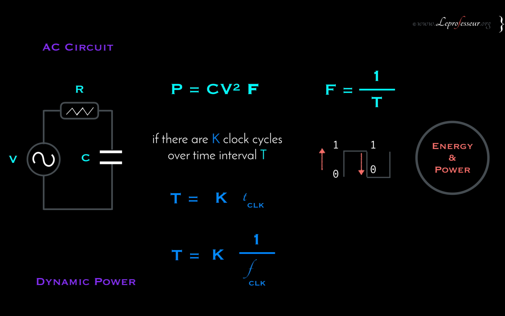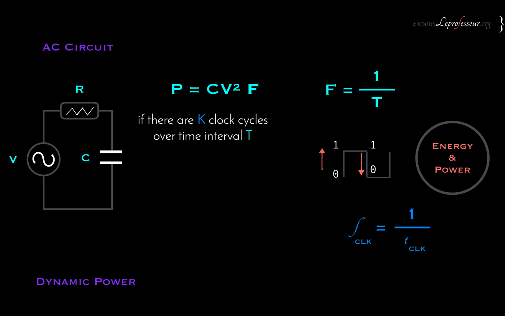We have just substituted the value of the time period of the clock. Let's call it equation number 7. So clock frequency is the inverse of the clock period. Simple that way.